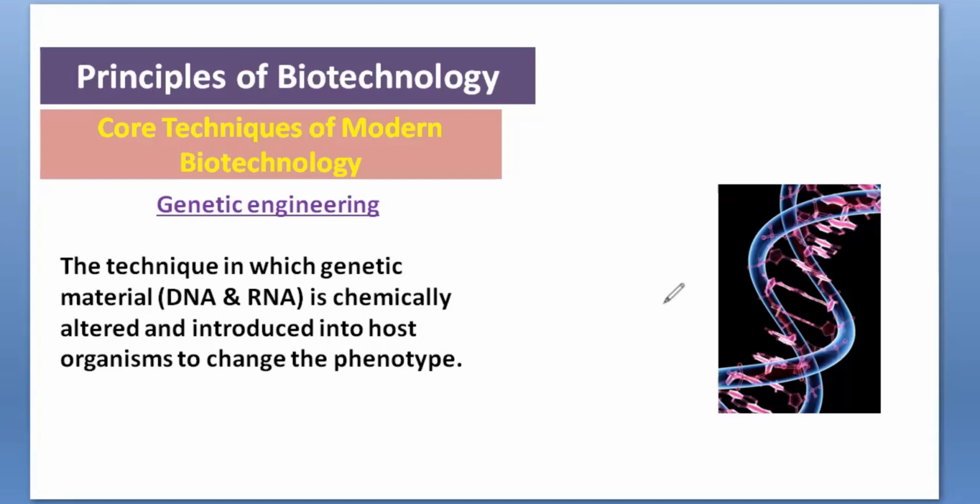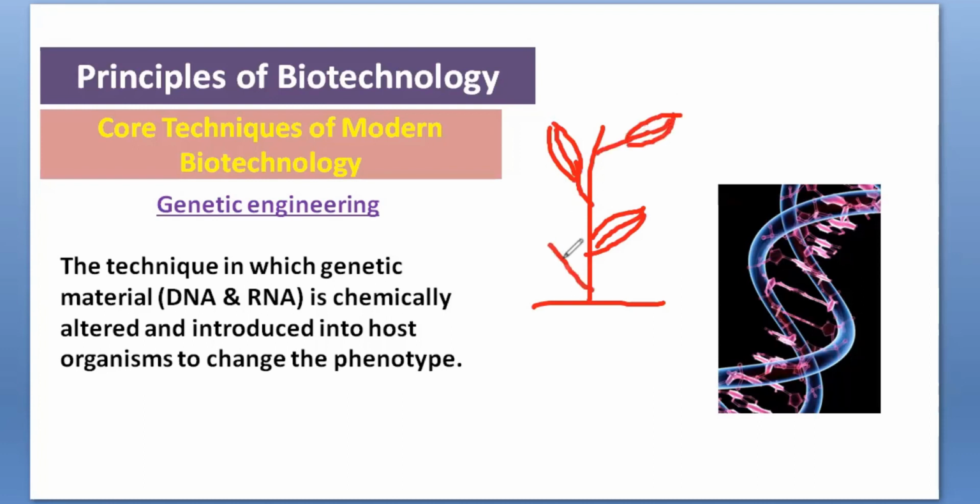Say, for example, we have a cotton plant, and the lepidopterans are affecting it. This cotton plant is affected by the pests. Now, what we are going to do is insert the Bt gene or the cry gene.